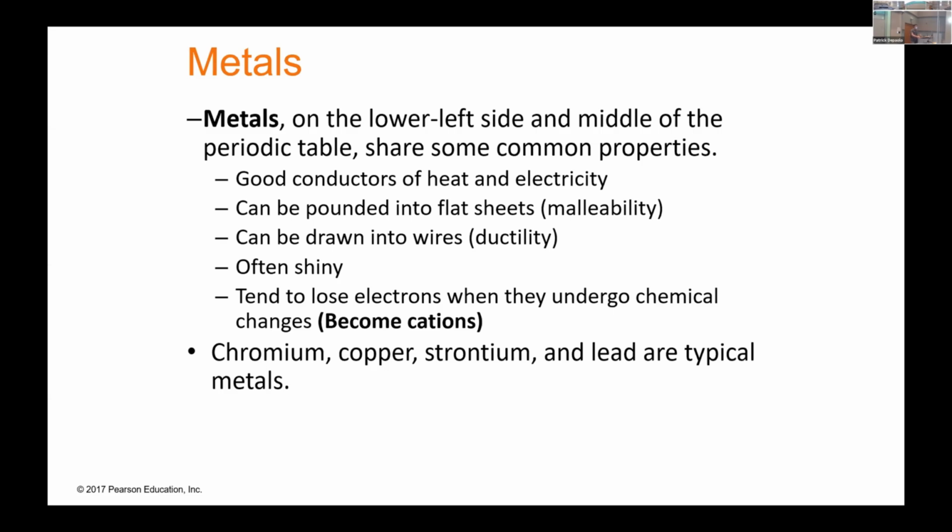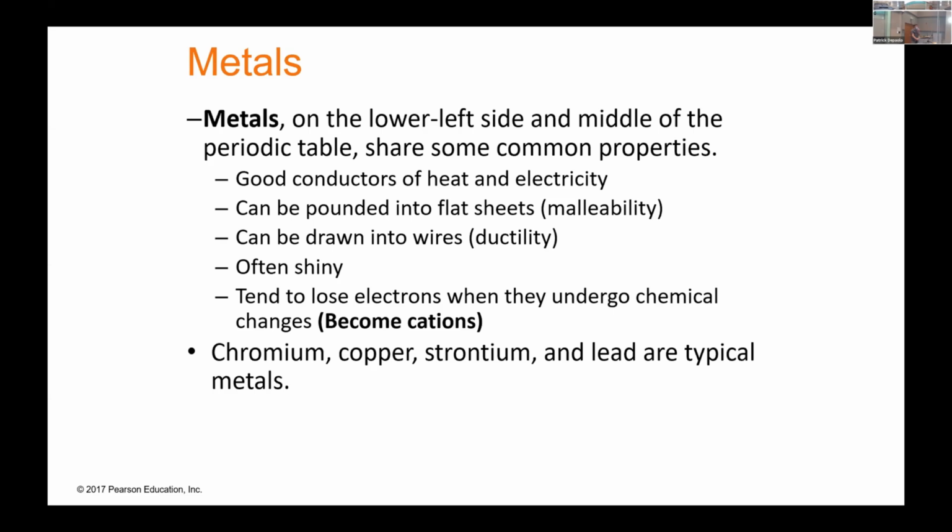They tend to lose electrons when they undergo chemical changes. So when they are in reactions and when they form ions, the metals are the ones that become cations. That's why I showed you my cat before, cations. A cation is something that is positively charged, and you can tell by the definition of tending to lose electrons.